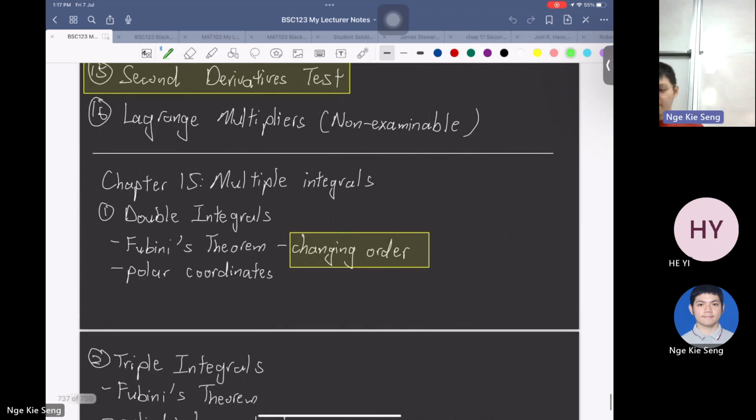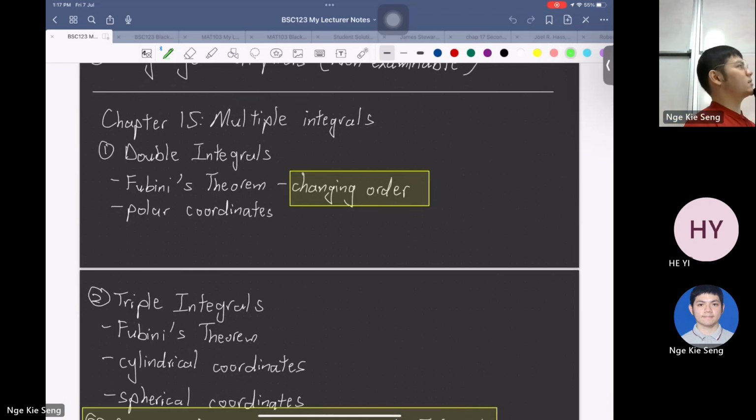The Jacobian part. Actually, the Jacobian part includes everything already, because cylindrical, spherical, polar are all changes of variables using the Jacobian. That's why you have the extra factor coming up.